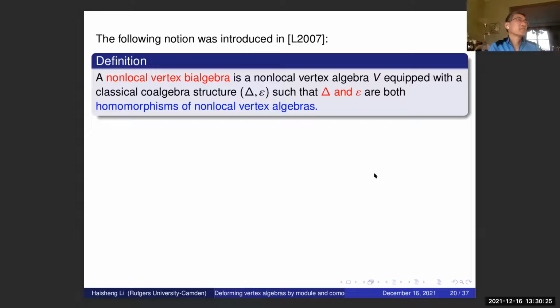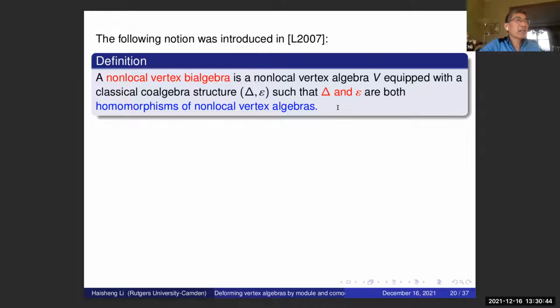The relatively new thing is about vertex bialgebra. Bi here again, so we want to have double structure. One is a nonlocal vertex algebra, also a coalgebra actually. Here is one definition.